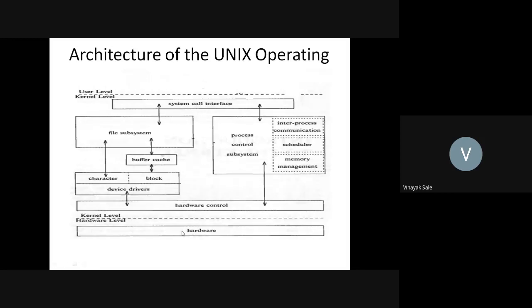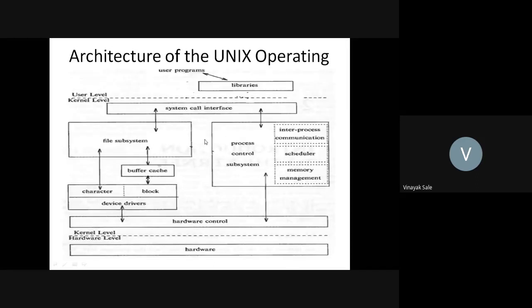From the hardware level we come to the kernel level, then we go towards the user level. There are some libraries, user defined libraries at the user level, with which they can communicate.